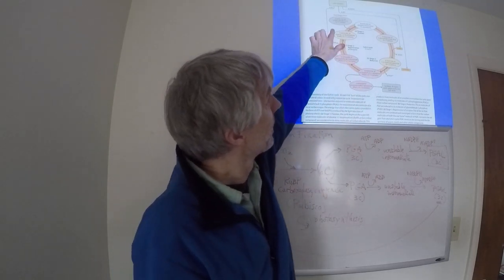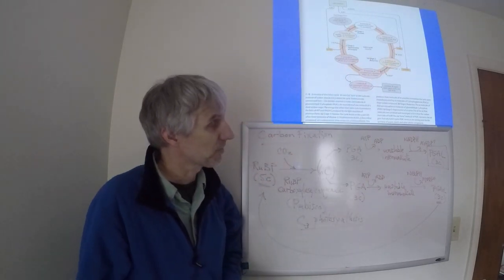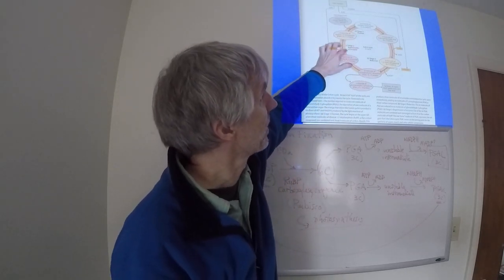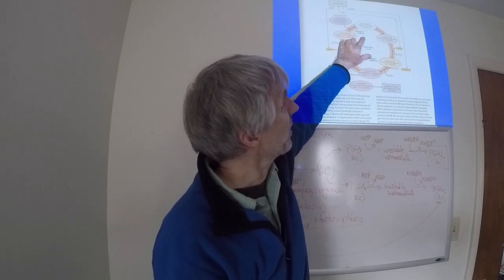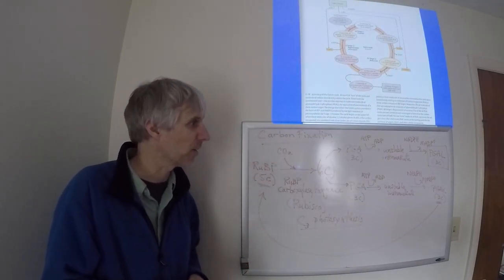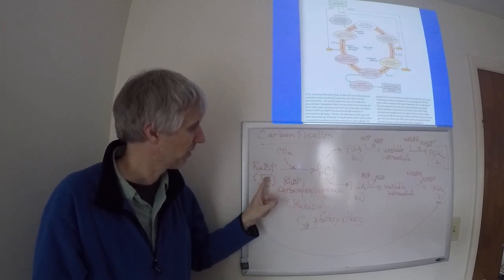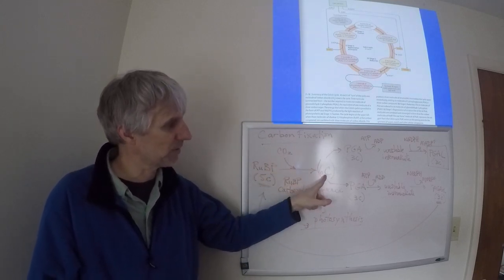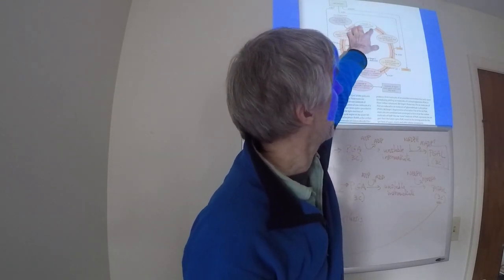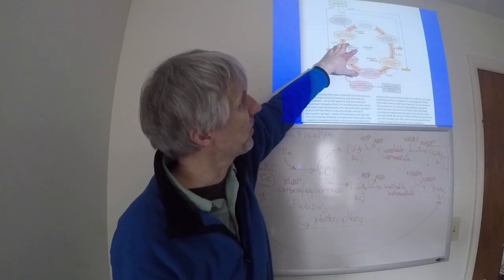We have 3 molecules of CO2, which have 3 carbons. 15 plus 3 would be 18 carbons organized as 3 6-carbon molecules. 3 of these plus 3 of those gives me 3 of these. But it's unstable, right here. It's dotted line, unstable intermediate.